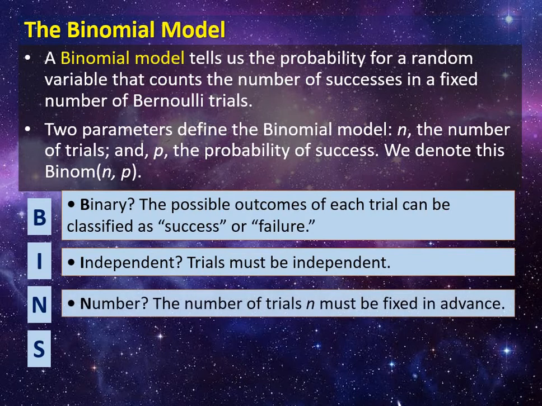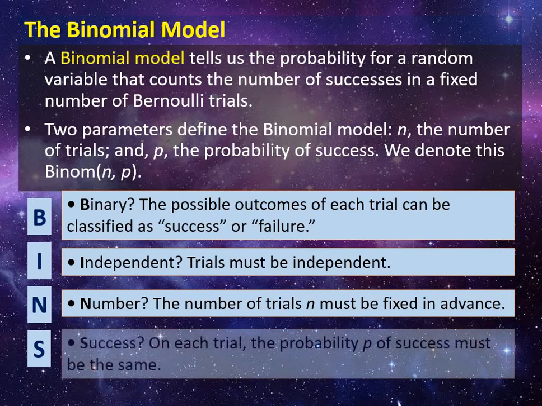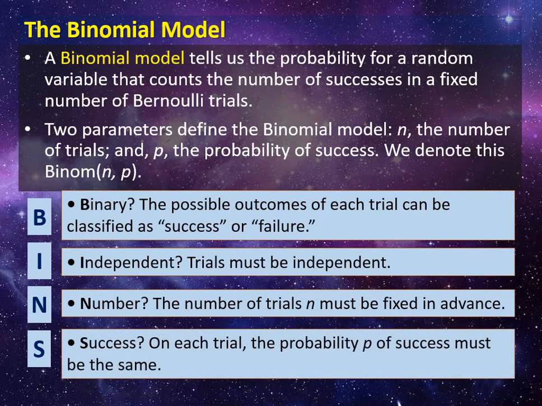The number of trials. That is your fixed number that you know before you even get going. Fixed. BIFS. BITS and BIFS. Oh yes, Biff, the bad guy. And what was S? Success. Yeah, the probability of success stays the same. I'm not changing my probability of success. That's it.